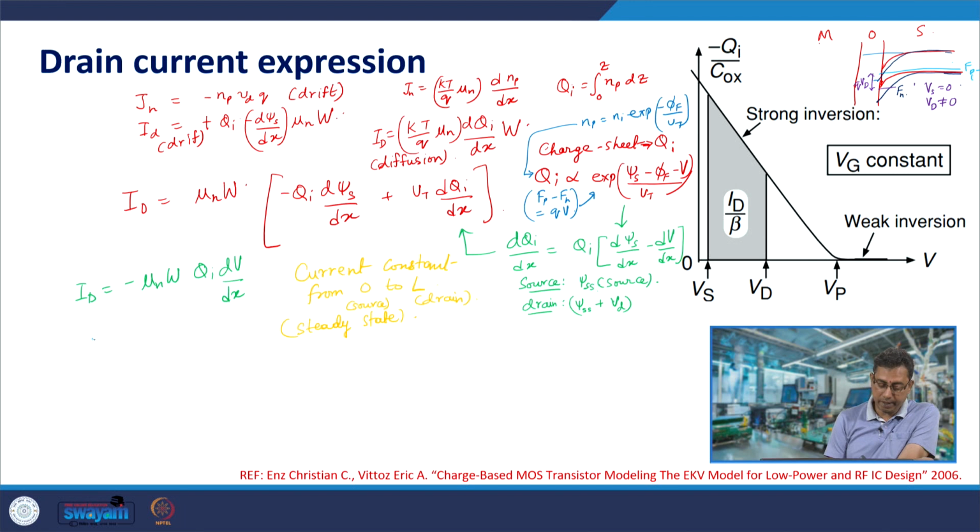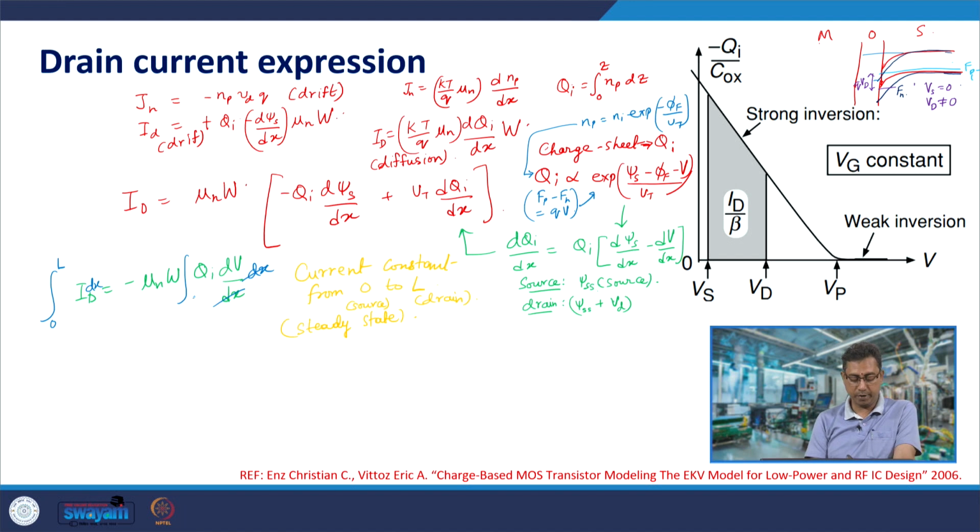So, if we integrate this from 0 to L, assuming that the width and mobility are constant throughout. This is a long channel device treatment that we are doing. So, you can safely assume the mobility, width, all these things to be constant.